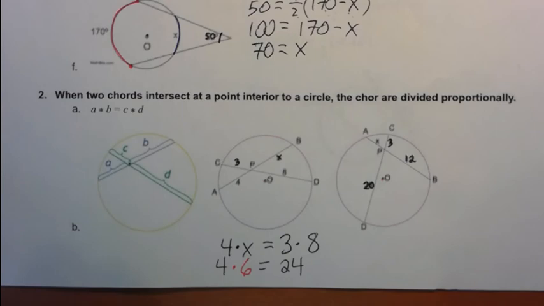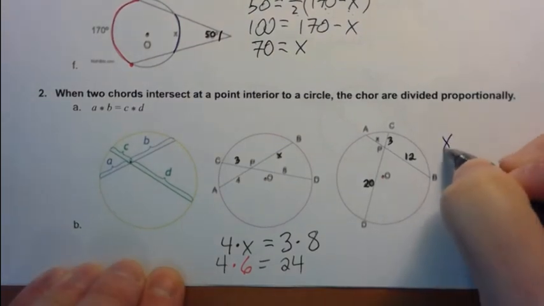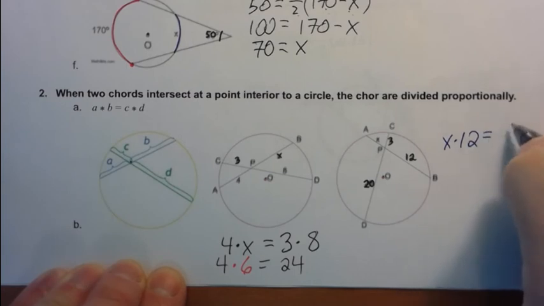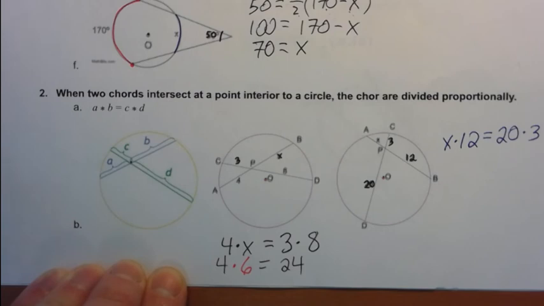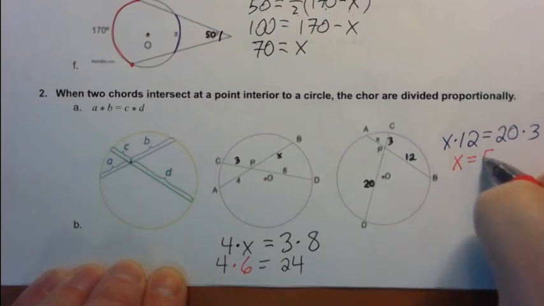And in our second example, we would have x times 12 equal to 20 times 3. That means that we have 60, and we know that 5 times 12 is equal to 60, and that makes our answer for x 5.